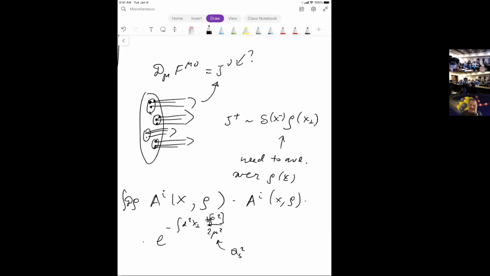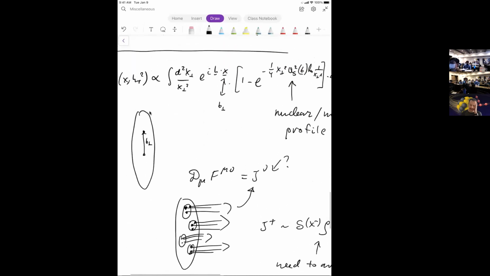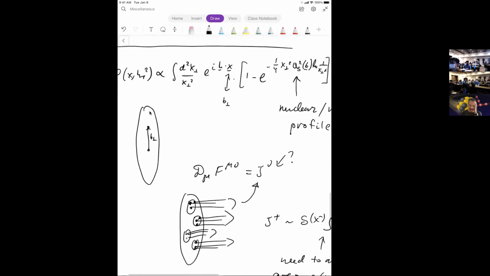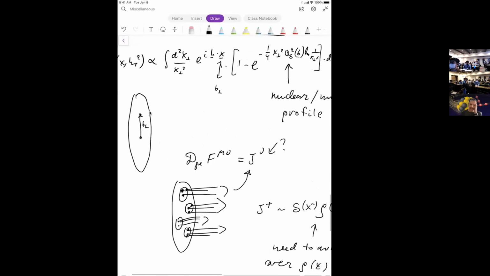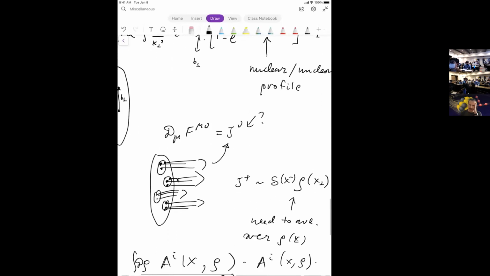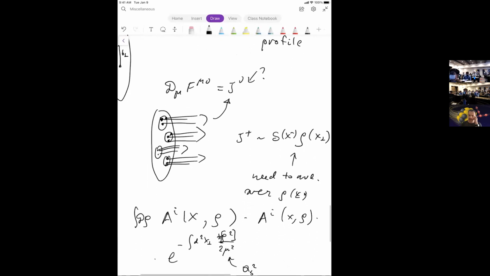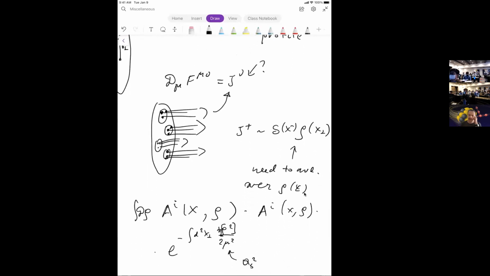I am shoving a lot of details under the rug just because of limited time and the volume of material I want to cover. But yes, you treat the sources very carefully, either as discrete bunches of charges inside each tiny sphere, which is a nucleon, or you can write down some sort of continuous color charge density rho, and then you have to average over it when you're calculating your correlators, your TMDs, or physical observables like cross sections as well.